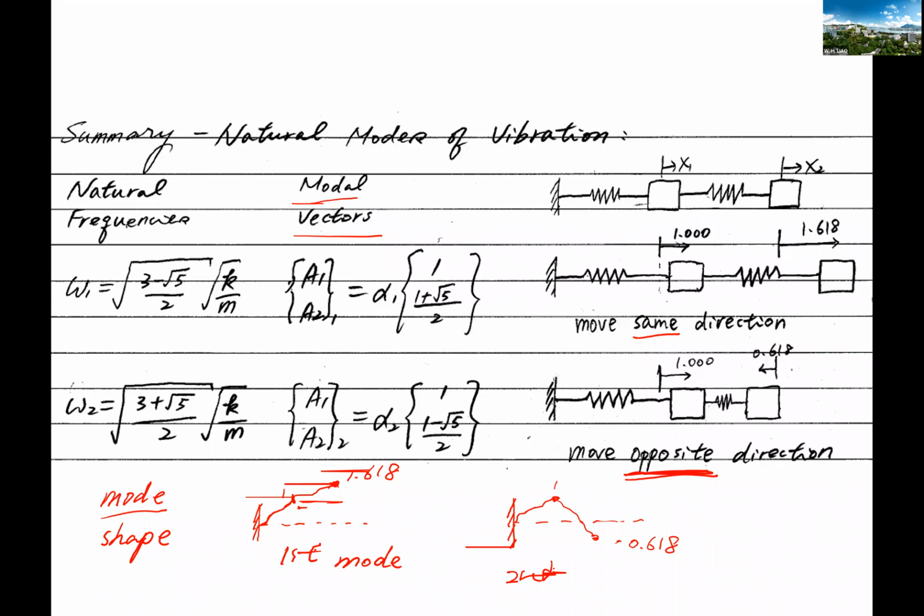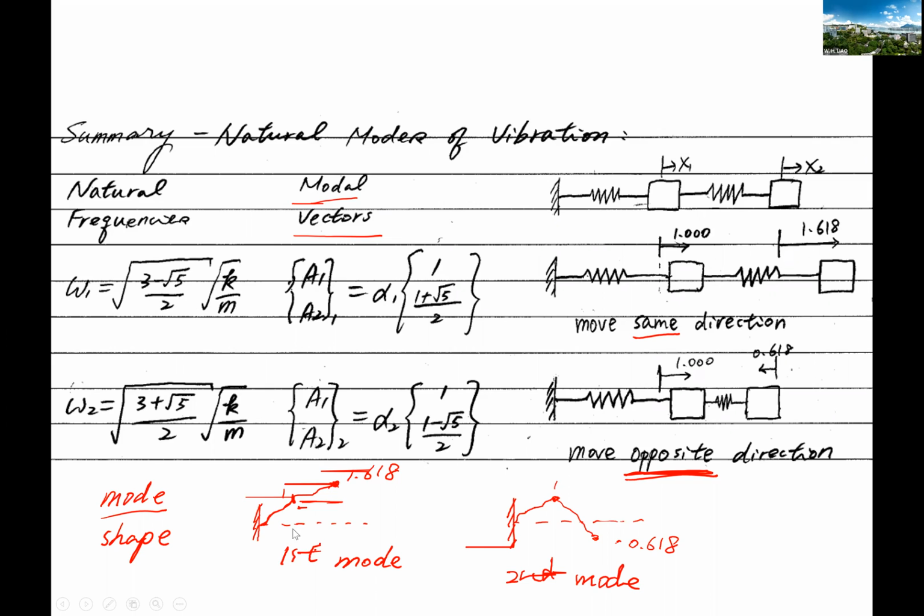We can call this the 2nd mode, second. So now you can see at the bottom, the sketch is much simpler. You don't have to draw the original one like this, and this is a simple way for you to draw.